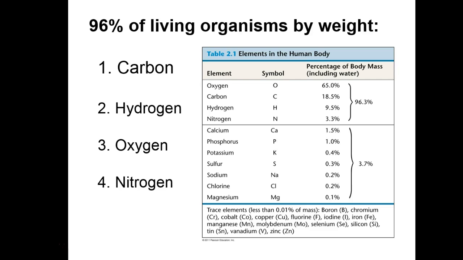Actually, iodine, which is another one that you're probably familiar with, is very, very important with regard to the thyroid hormone. And iron is very important in terms of heme, the compound that actually carries oxygen for you. So two very important trace minerals.